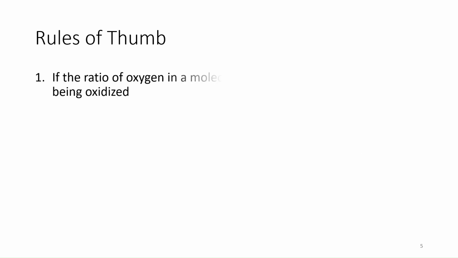I want to lay down two rules of thumb that are going to add a lot of clarity for you when you're trying to figure out what's being oxidized and what's being reduced. Now, there is a lot of inorganic chemistry that doesn't involve these two atoms, but in all of our situations, it's going to be directly correlated to the amount of oxygen or hydrogen.